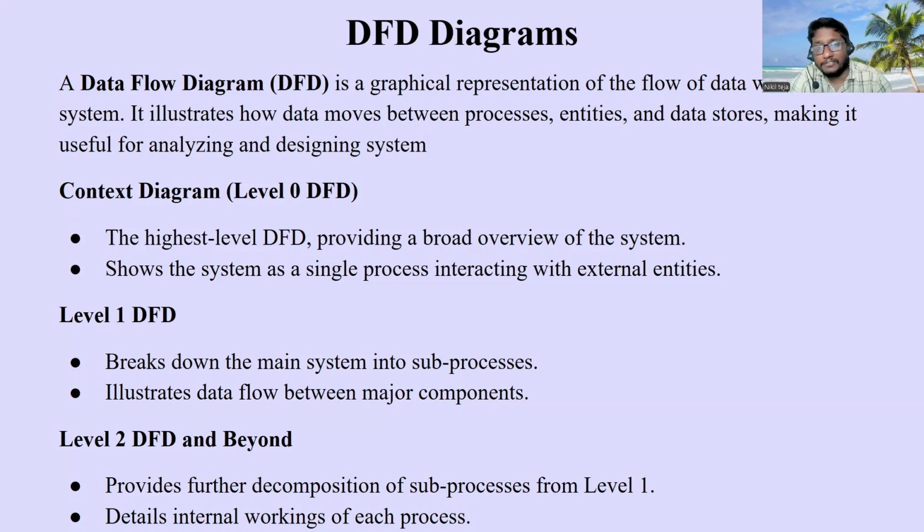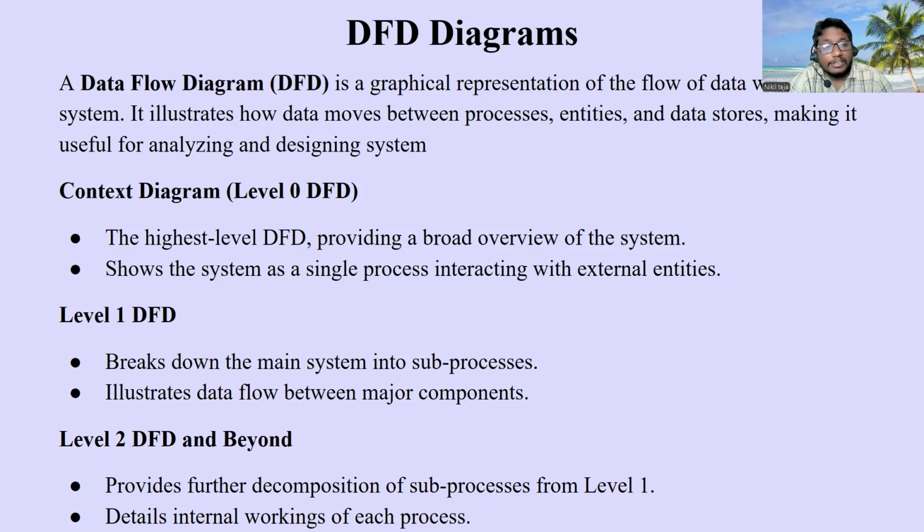The highest level DFD provides a broad overview of the system, showing the overall objective and overall process of the system. It provides the overview of the system, but it won't go into the details. It will not go into the breakdowns of the systems or processes or entities. It shows the system as a single process interacting with the external entities.